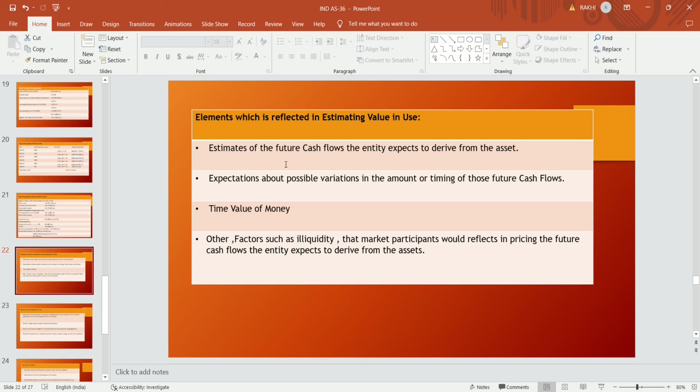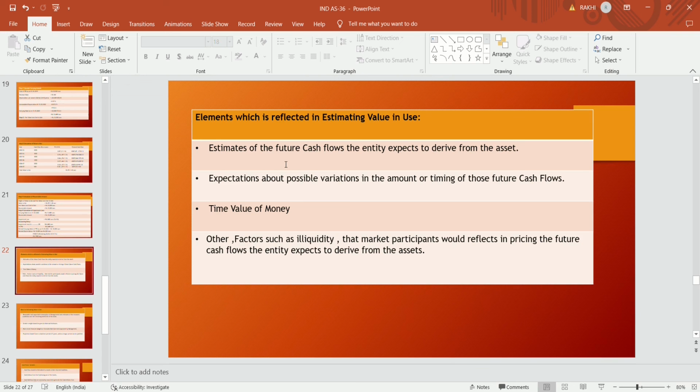Both in amount and timing, the company will estimate. So, firstly, the company will estimate the future cash flow from that underlying asset. Then if there is a variation, the company will make a proper estimate of the variation in the amount and timing of those future cash flows.